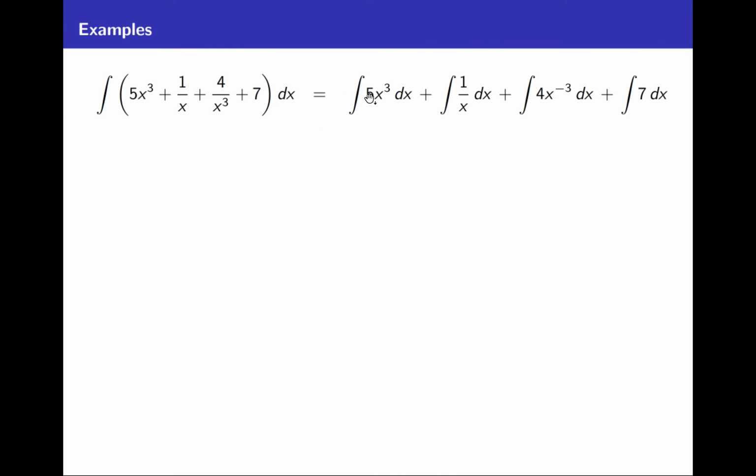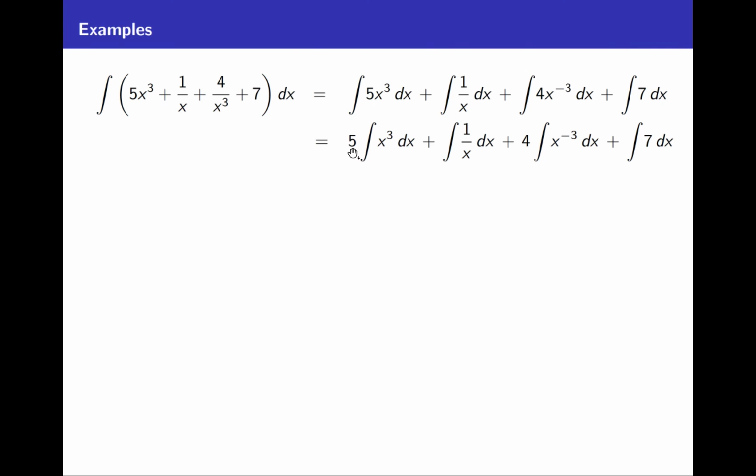Now the next thing that could happen is that these constant multiples of 5 and 4 could factor out of their integrals. So the 5 comes out of this one, and the 4 comes out of that one. And then we can use our integration formulas term by term.